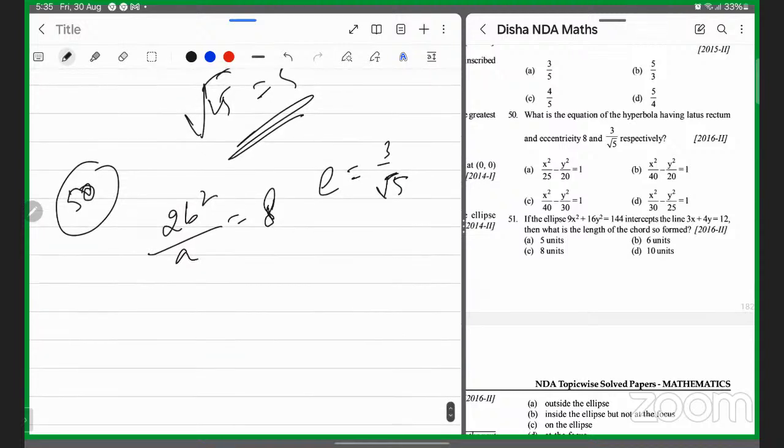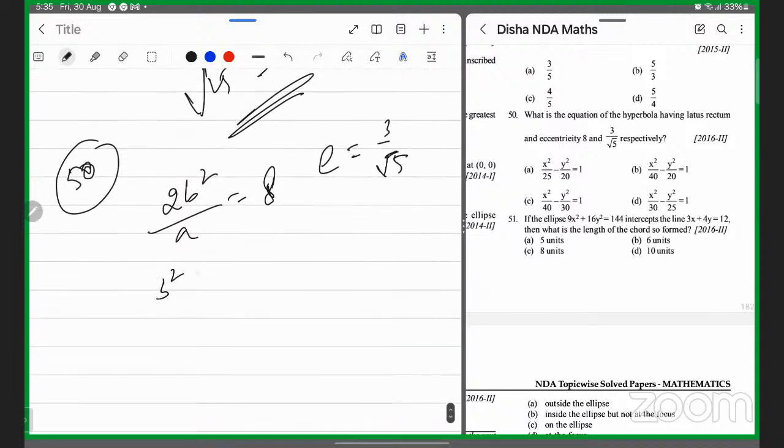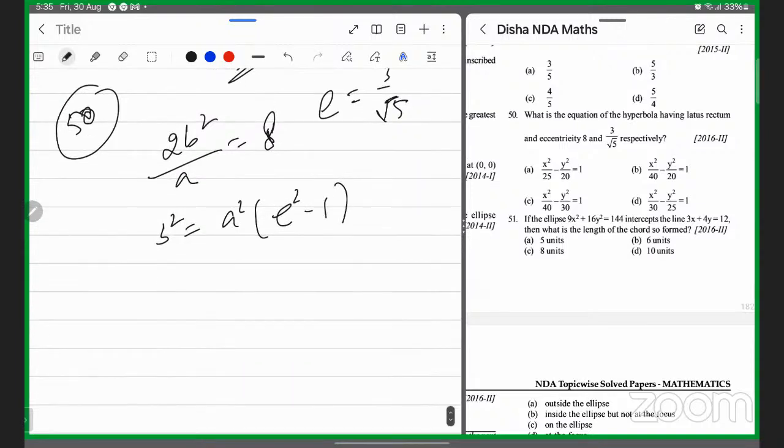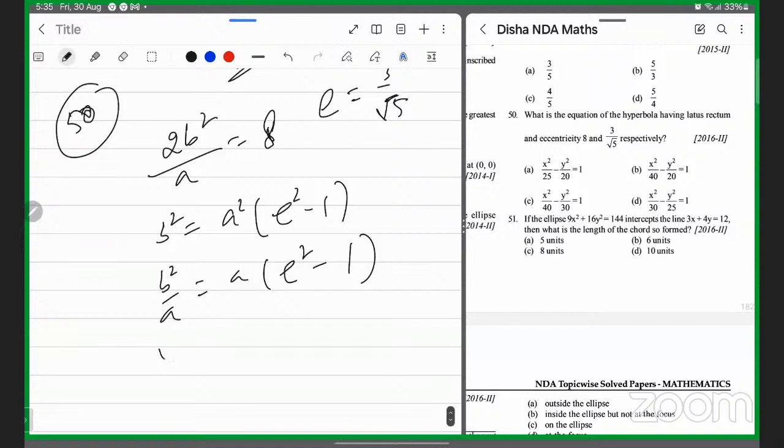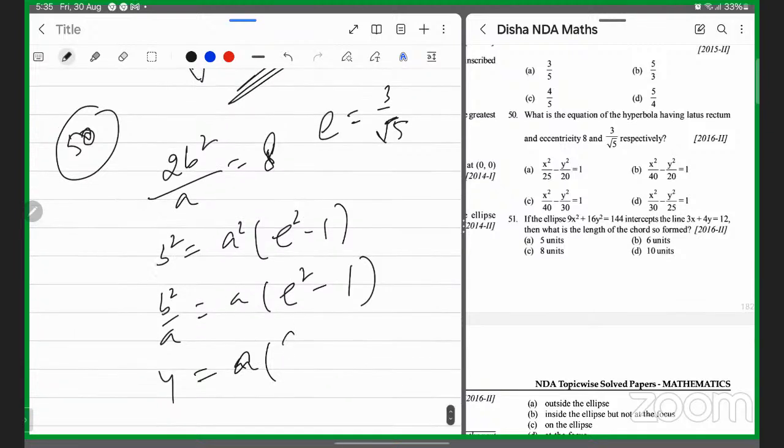Now we have b square is equal to a square times e square minus 1. Now b square by a square, I already told you, solve with the technique. Now b square upon a is 4, and e square is 9 by 5, minus 1.